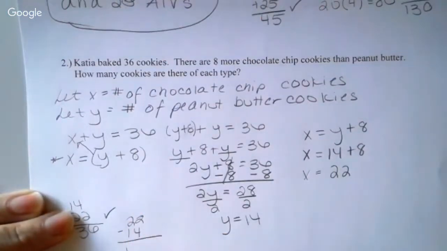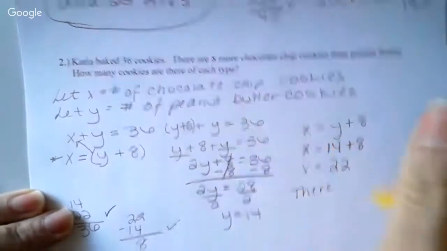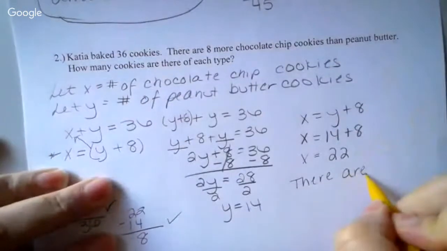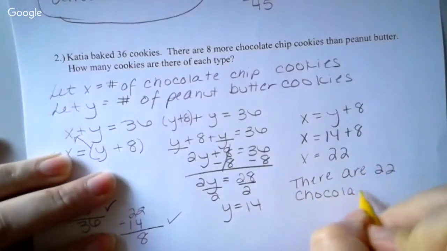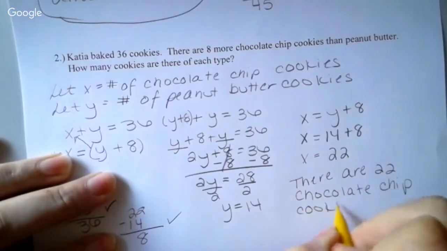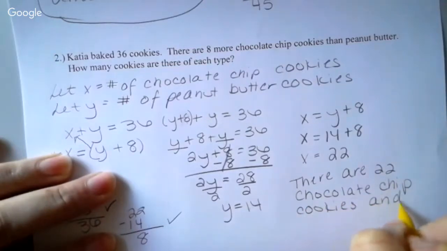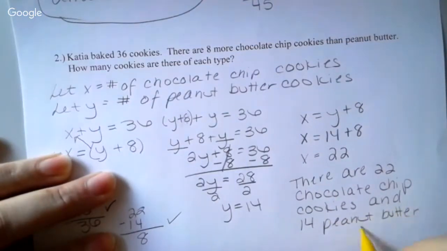So if I do 22 and I subtract 14, I do get 8. So that works. So now I know there are 22 chocolate chip cookies and 14 peanut butter cookies.